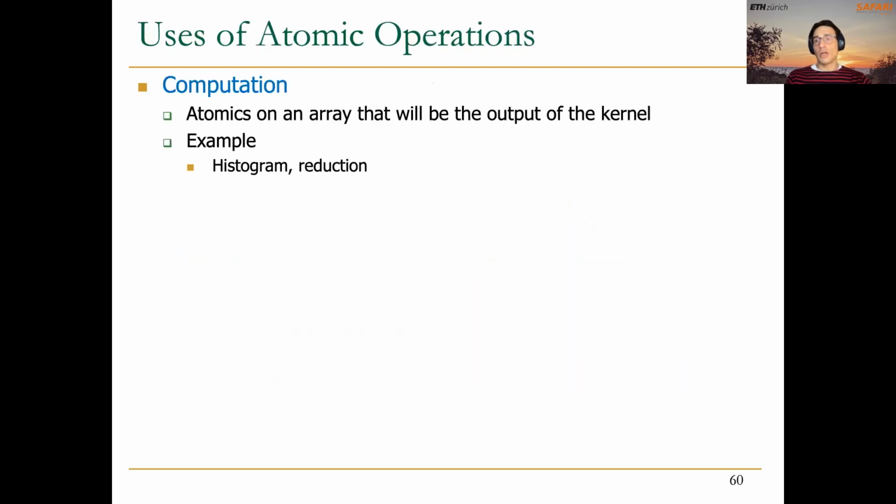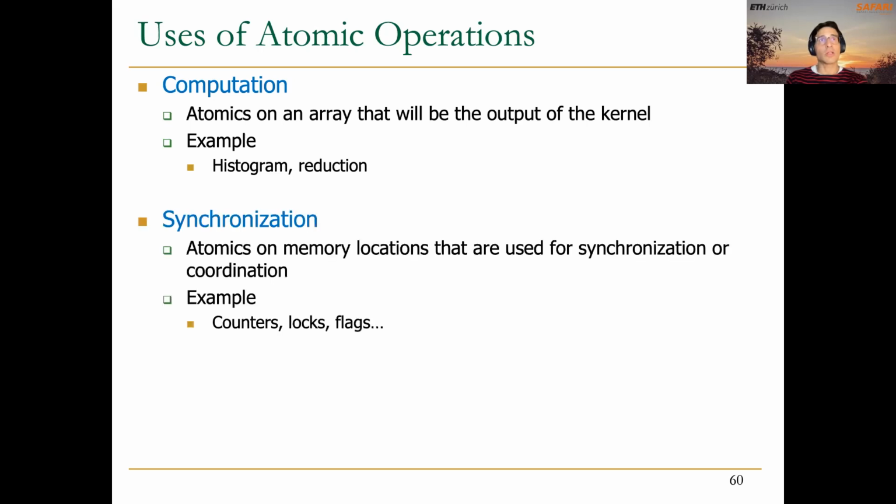Atomic operations are pretty useful for computation where the atomics are directly used on elements of an array that will be the output of the kernel, and examples of these are, for example, a histogram calculation or a parallel reduction. We will see examples of them in later lectures.